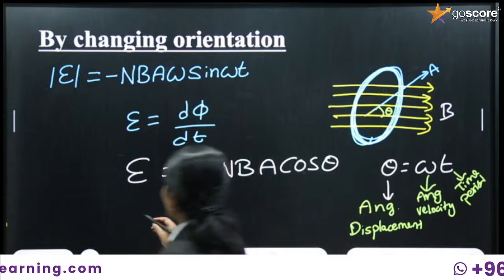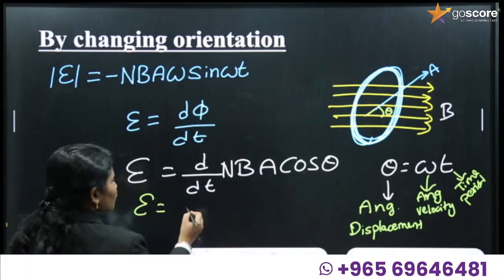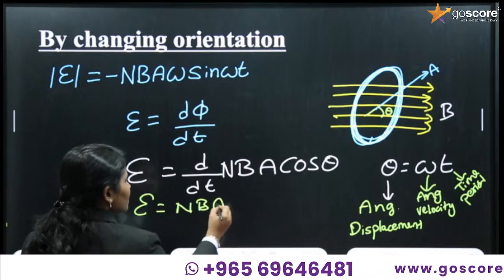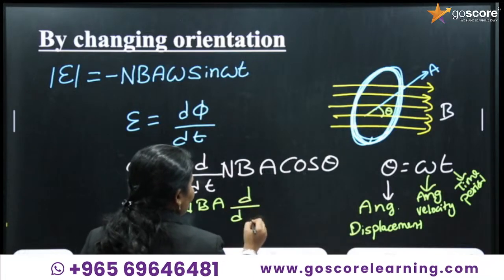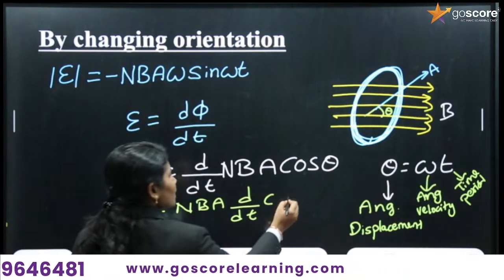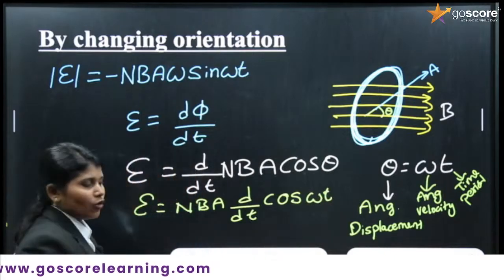Now E is equal to, N is constant, B is constant, A is constant, then d by dt. I am substituting here theta is equal to omega t, cos omega t.